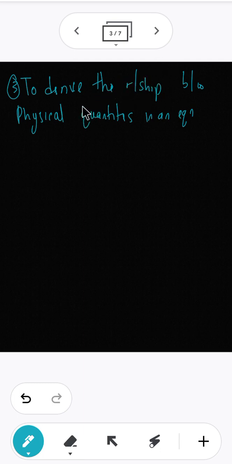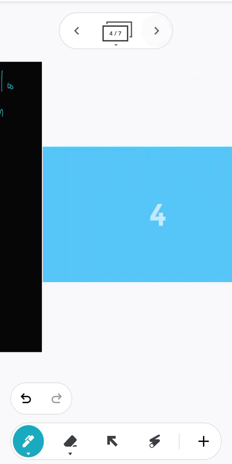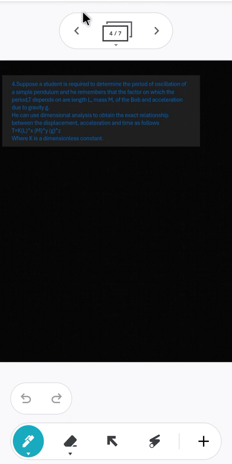Now, the best way to do this is to go straight to an example, solve an example, so you see how you can derive the relationship between physical quantities. Okay, so the question says, suppose a student is required to determine the period of oscillation of a simple pendulum, and he remembers that the factors on which the period depends are length, mass, and acceleration due to gravity.